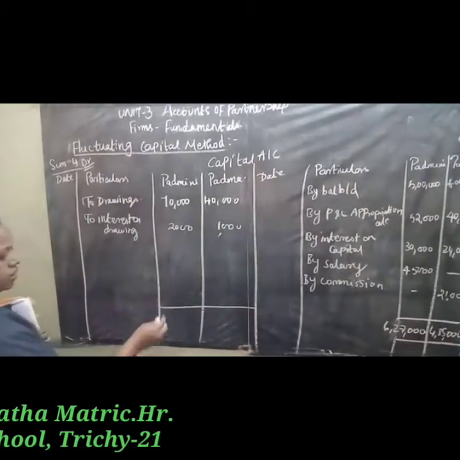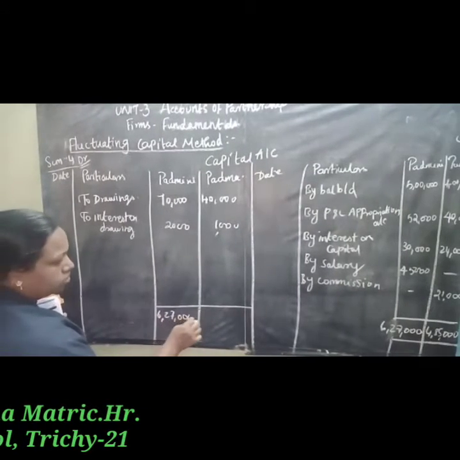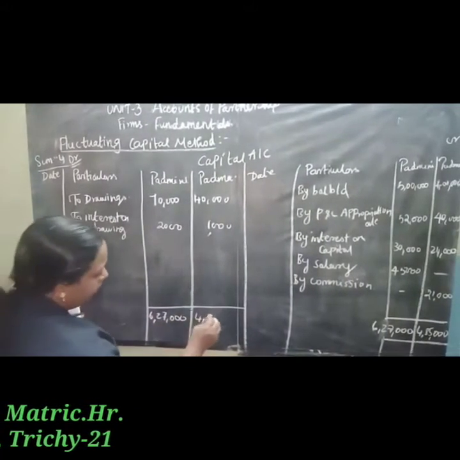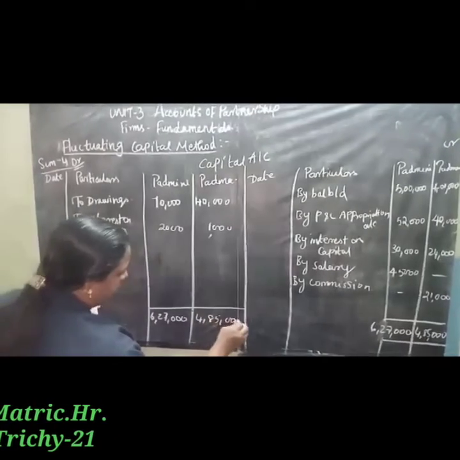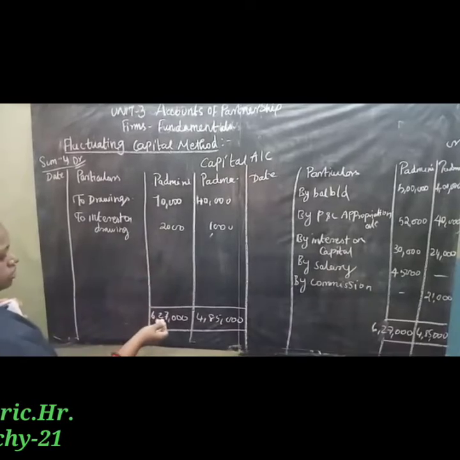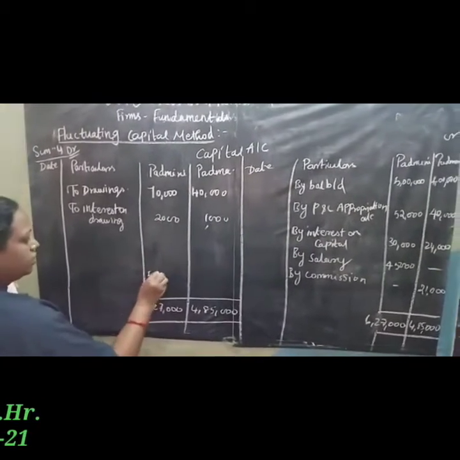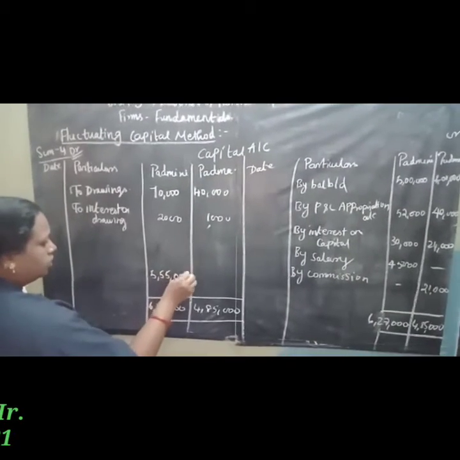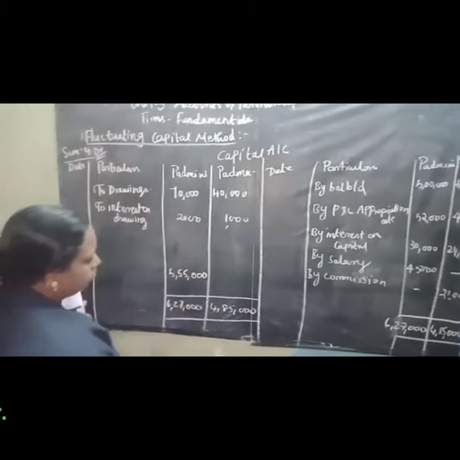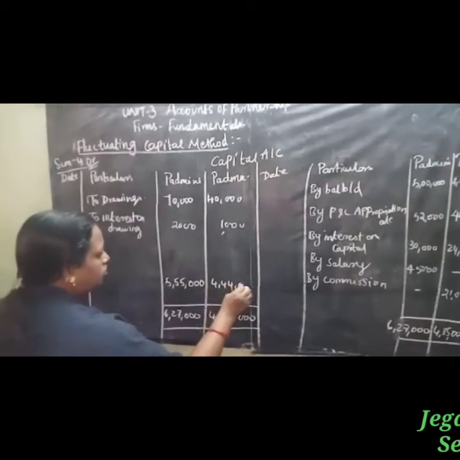Bring it to the debit side: 6,27,000 and 4,85,000. The credit side is more, so the debit side total for Padmini is 72,000. So 6,27,000 minus 72,000, the answer is 5,55,000. Next, 4,85,000 minus 41,000 is 4,44,000.